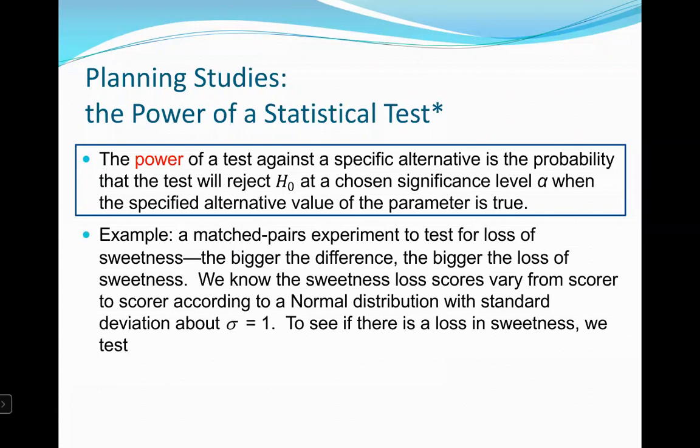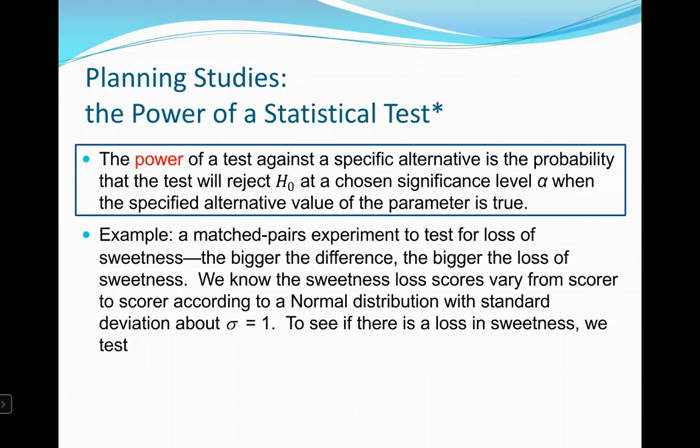Example, a matched pairs experiment to test for loss of sweetness. The bigger the difference, the bigger the loss of sweetness. We know the sweetness loss scores vary from scorer to scorer according to a normal distribution with standard deviation about sigma equals 1.